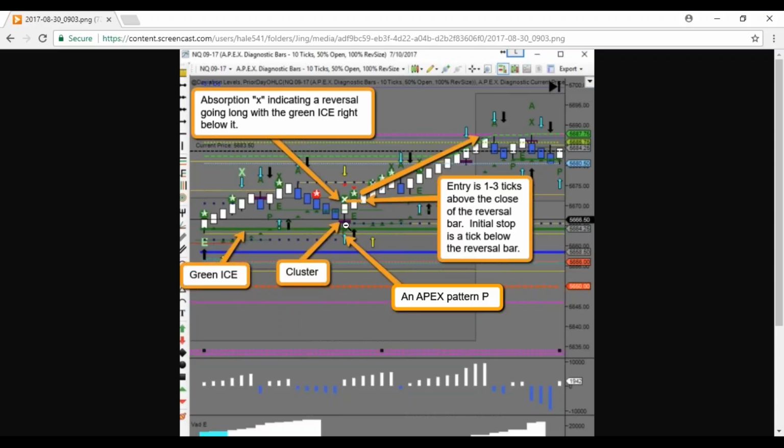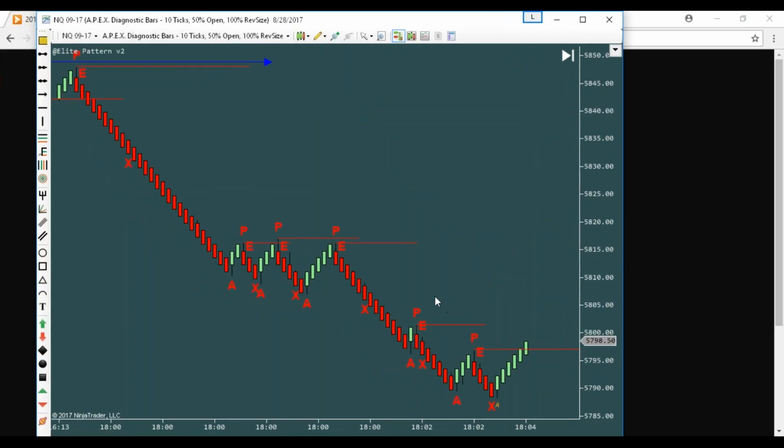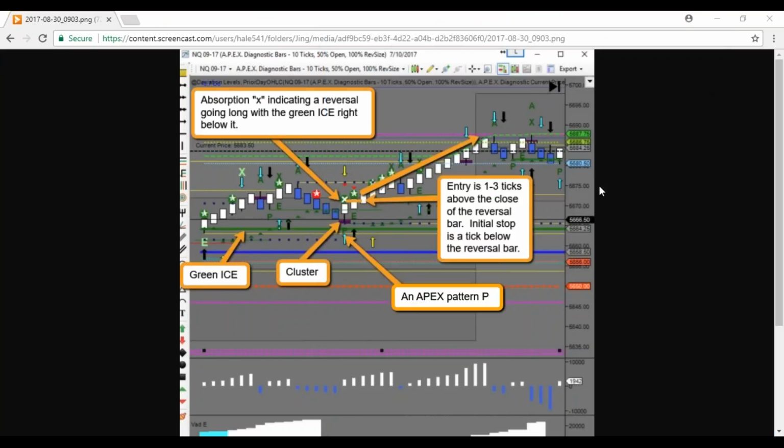Now, did I just teach you to take a trade on every single P that you see? Or to take the power Ps, right? So the bar closes up. All those things confirm. We enter 1 to 3 ticks above the close of the P bar, right?